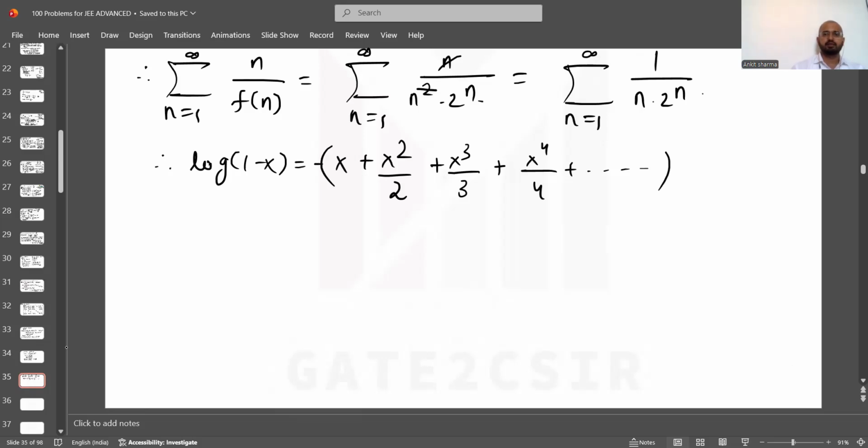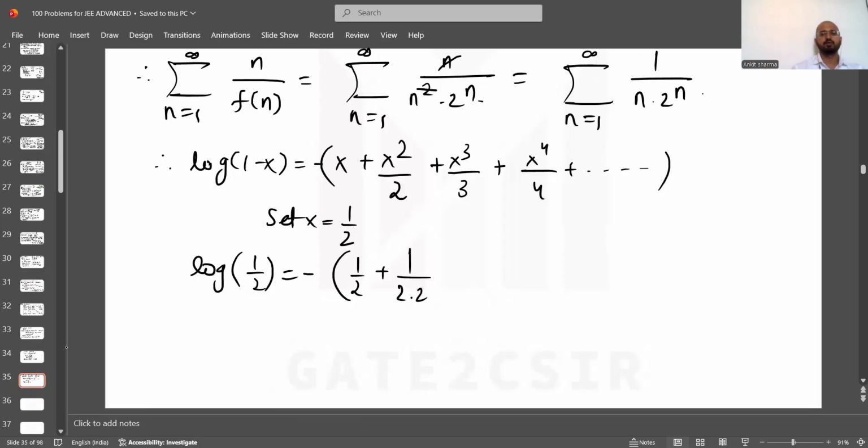So we'll set x is equal to 1 by 2. If I plug in x is equal to 1 by 2, I get log of half equal to minus of 1 by 2 plus 1 by 2 into 2 square plus 1 by 3 into 2 cube plus 1 by 4 into 2 power 4 and so on.